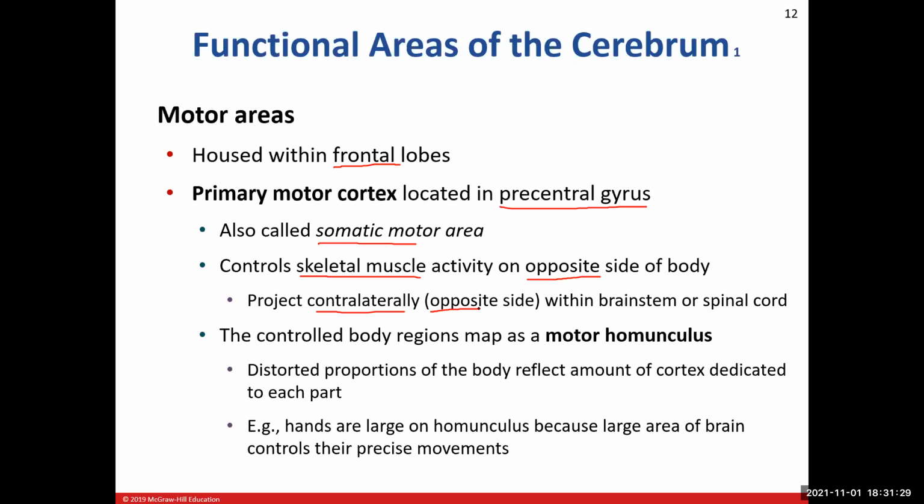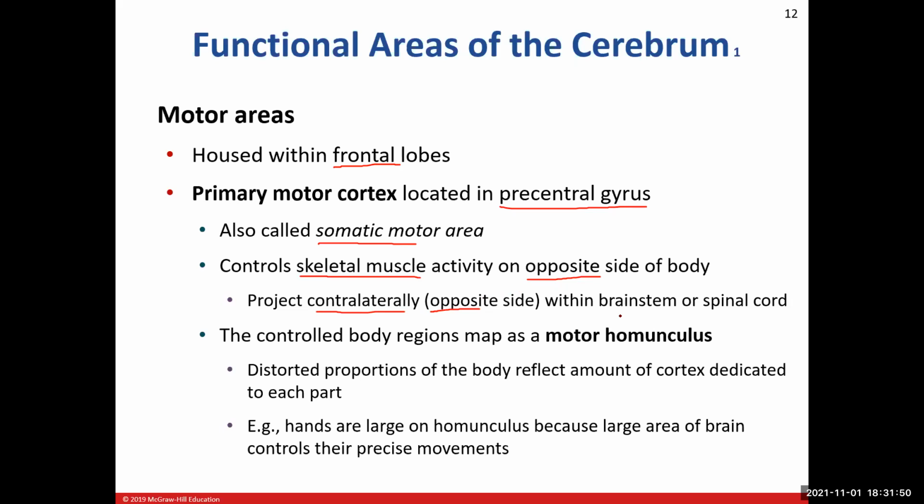What will happen is, the primary motor cortex in your right frontal lobe is going to control the skeletal muscles on the left side of your body. That means that those neurons have to cross from the right side of your body to the left side of the body.